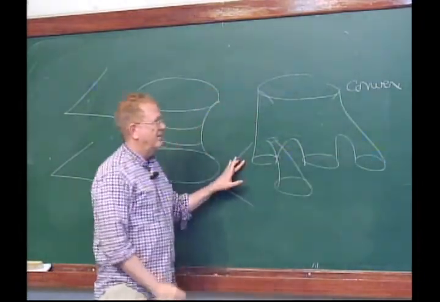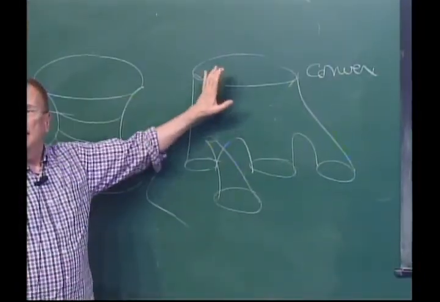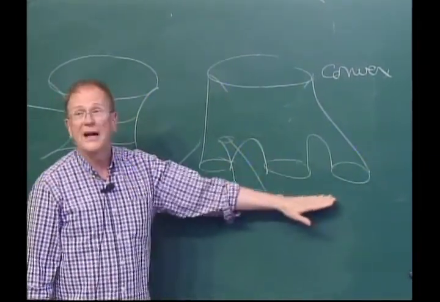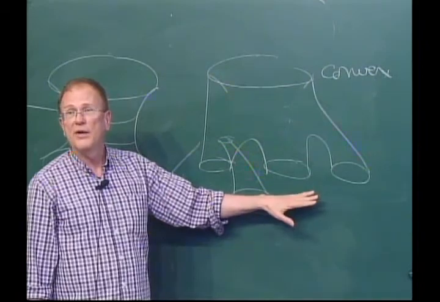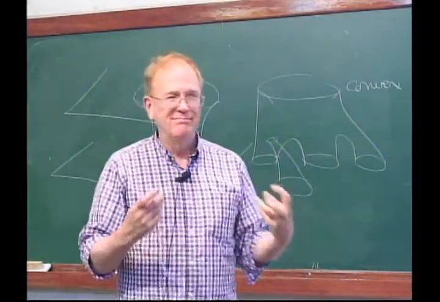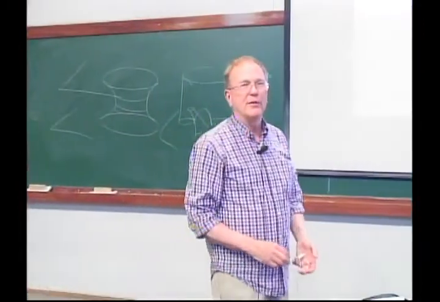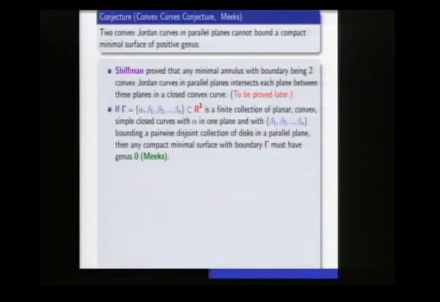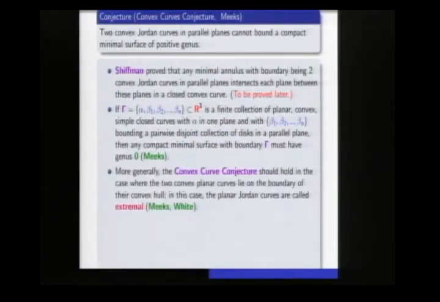Okay, there's a picture. So the claim is curves bounding convex disks, pairwise disjoint convex disks. Also, the only possibility is genus 0. There's no handles, there's no topology. Not everybody is aware of this problem, but still nobody came up with any counterexamples yet.